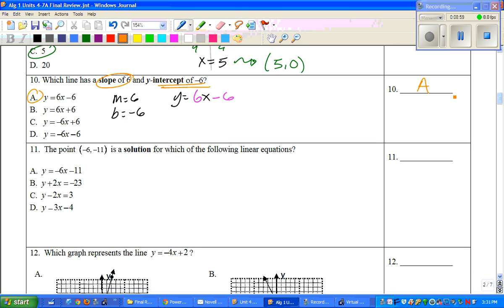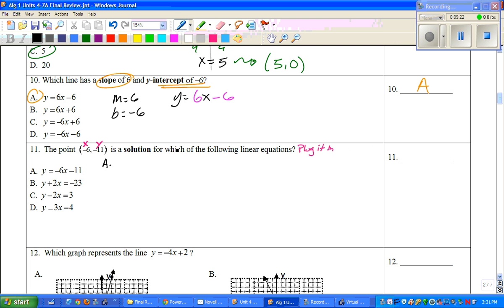Okay, the point (negative 6, negative 11) is the solution for which of the following linear equations? Okay, so what we have to do is we're going to take this number, we know the x, we know the y, and I want you to plug it in, okay?